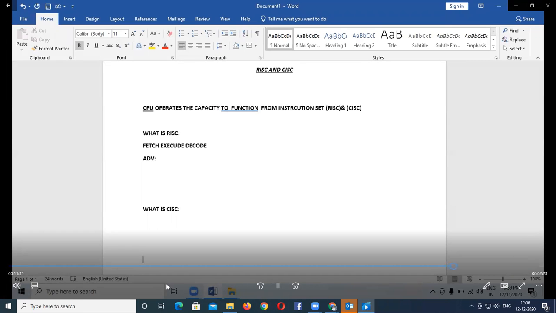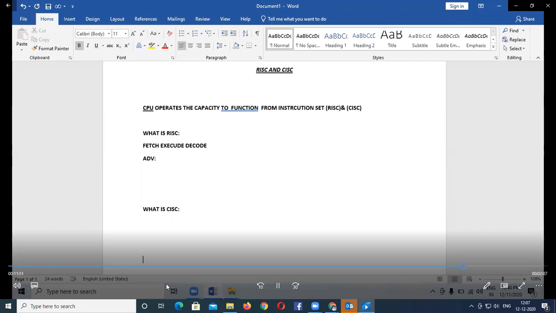Then in RISC, that is reduced instruction set, the instruction set is reduced, that is it has only a few instructions in the instruction set. Many of these instructions are very primitive.